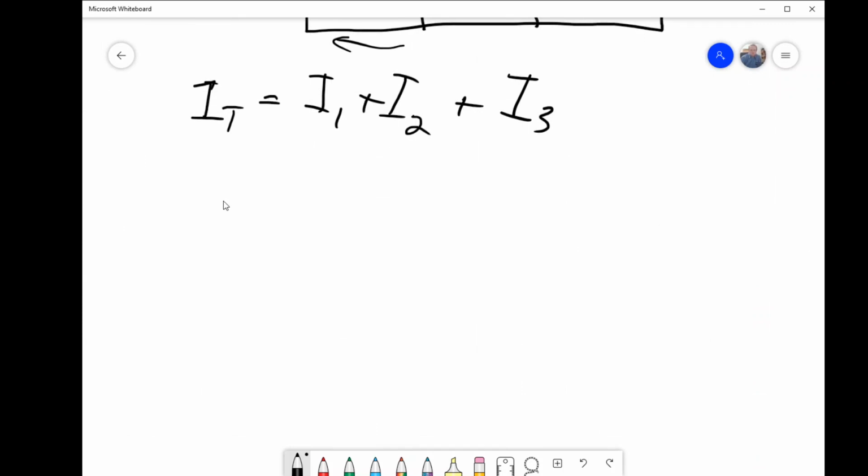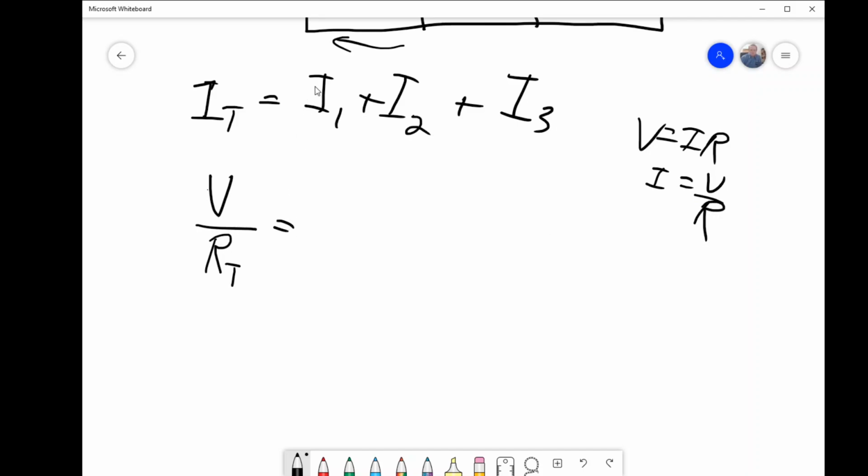Well, going by our previous equation, the total current is going to be the voltage divided by the total resistance, because V equals IR, therefore I equals V over R. That means the current through number 1 is that voltage divided by resistor 1.